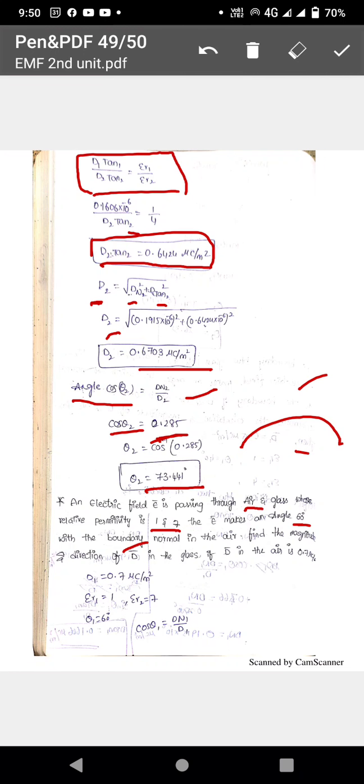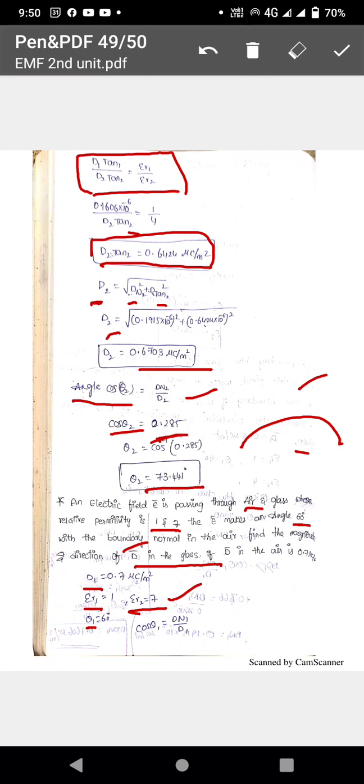Find the magnitude and direction of D bar in the glass if D bar in air is 0.7 microcoulomb per meter square. That is, D1 is given as 0.7, epsilon r1 for air is 1, theta 1 is equal to 60 degrees. Epsilon r2 is glass, whose relative permittivity is 7.